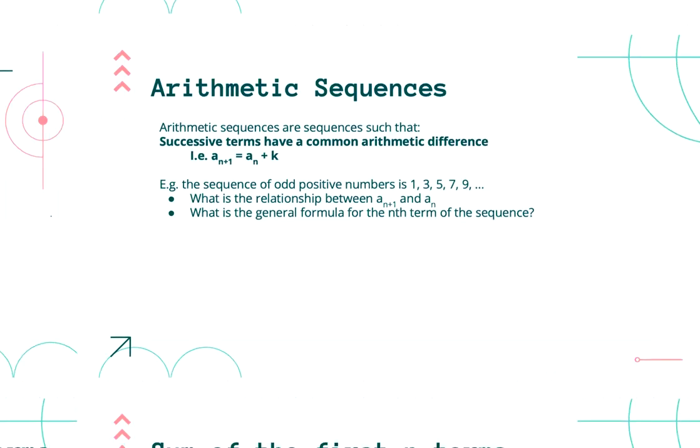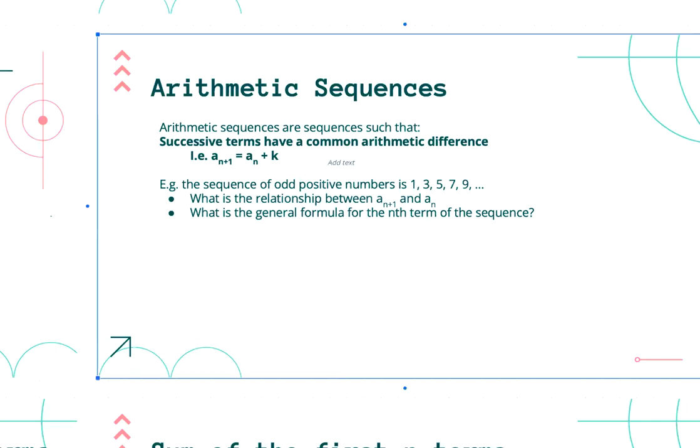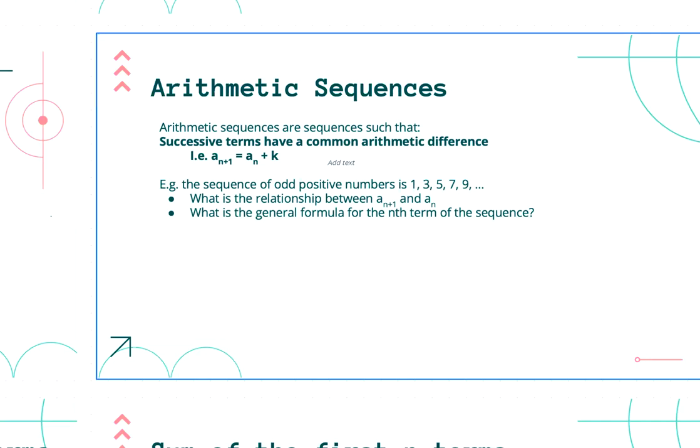Okay, cool. Like we were talking about before with the sequence of odd numbers, we talked about how there's going to be a common difference, which we can define using k or d, c, any other constant. Then we found the relationship between a_(n+1) and a_n.